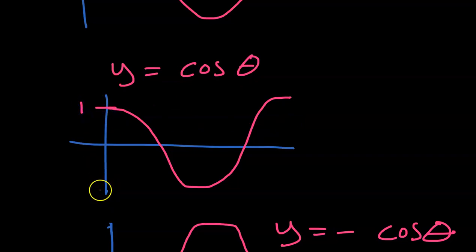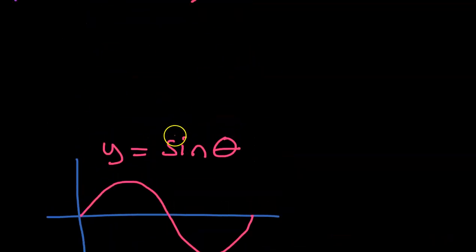It has a high of 1 and a low of -1. But if I put a 2 right here, that changes the amplitude. If there's a 2 there, then it will have a high of 2 and a low of -2. So this number is the amplitude, the high and the low.